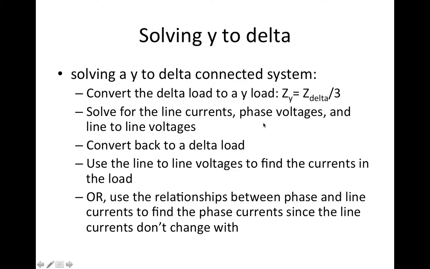At this point, once you have your line currents, you would convert back to a delta load. And then you have your line to line voltages from previously solving the problem, and you can use those to find the currents in the load. Or you can use those relationships we showed on the previous slide between the phase currents and the line currents to find the phase currents, since the line currents don't change with the change of configuration from Y to delta.